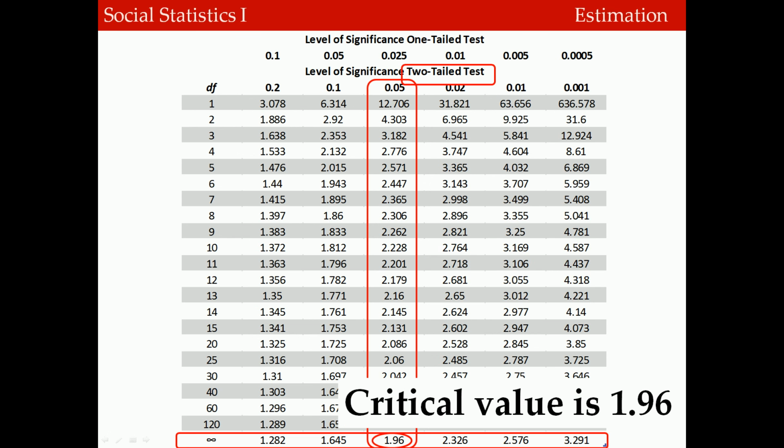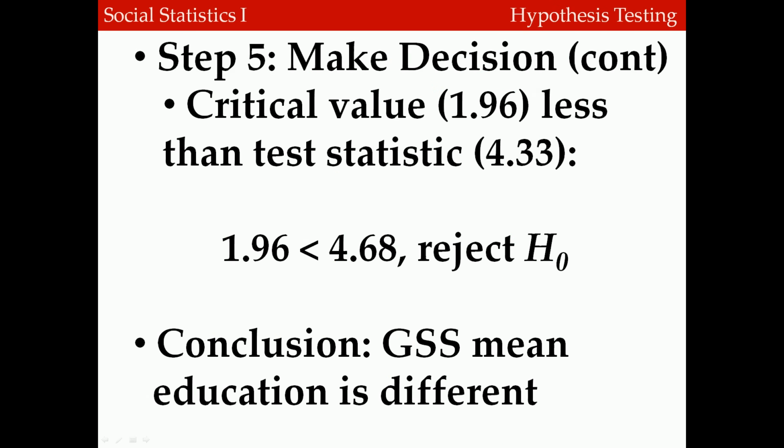It turns out that our critical value is 1.96. We compare our critical value, 1.96, to our test statistic, 4.68, and we reject the null hypothesis because our test statistic is greater than our critical value. So we conclude that the mean of education is different across the GSS population and the entire adult population.